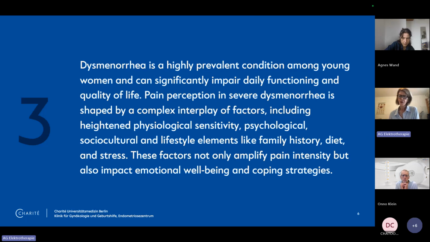The pain perception in severe dysmenorrhea is shaped by a complex interplay of factors, including heightened physiological sensitivity, psychological, socio-cultural, and lifestyle elements, like family history and stress. These factors not only amplify the pain intensity but also impact emotional well-being and coping strategies.